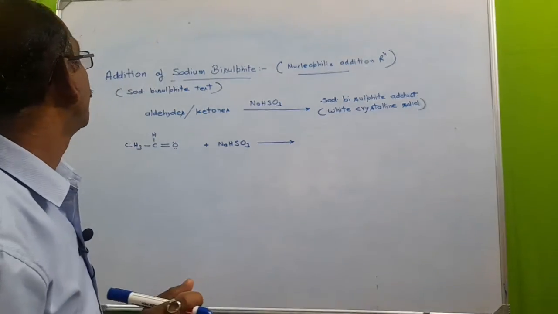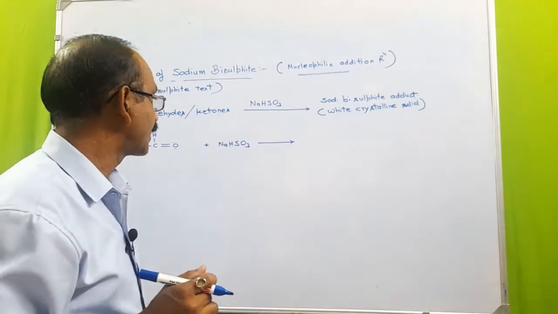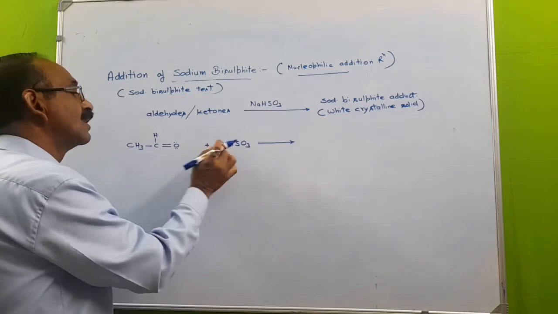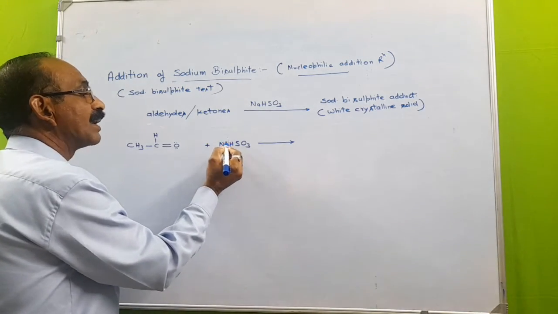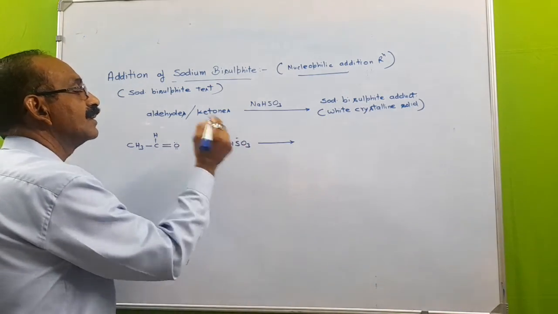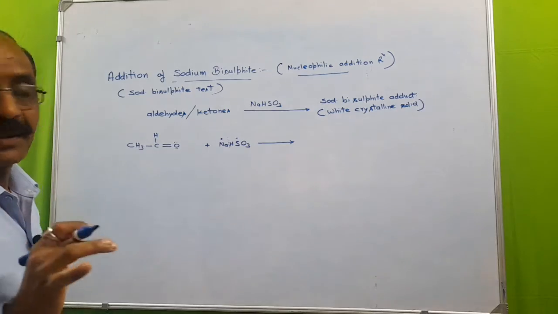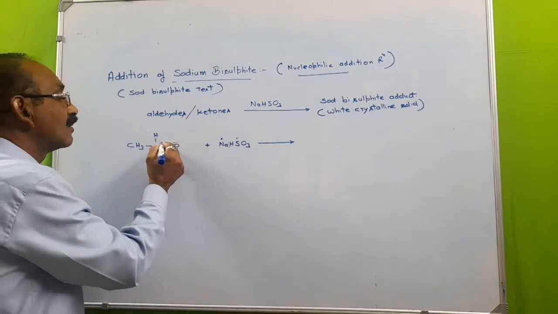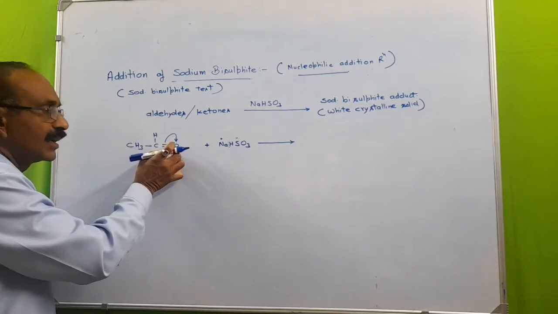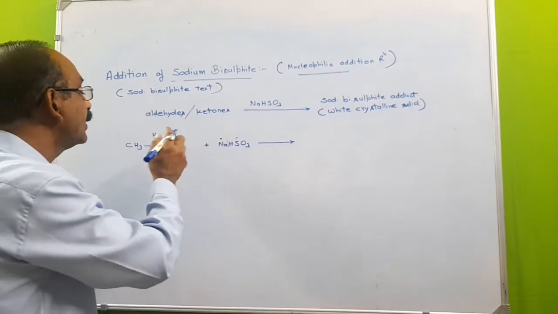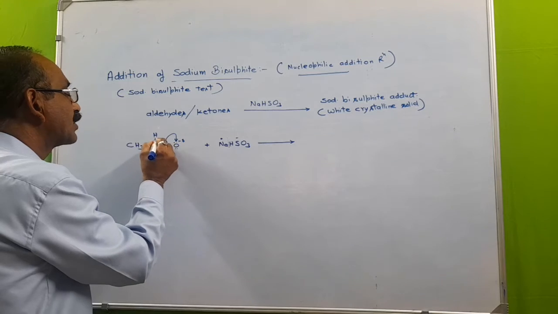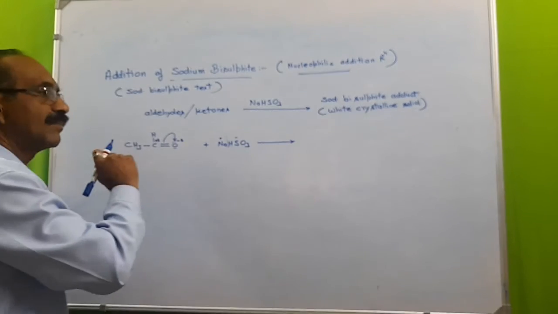See what happens here. This sodium bisulfite dissociates and forms the Na plus ion and bisulfite ion. Here the pi electrons are shifted over the oxygen, as the carbonyl group already has polarity. So the oxygen remains partial negative charged while carbon remains positive charged.